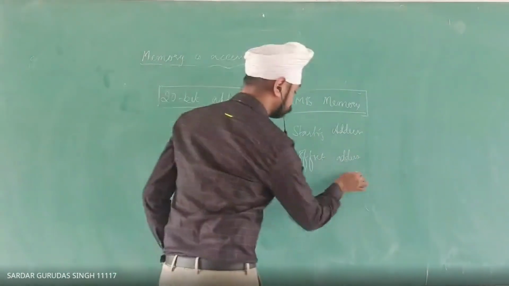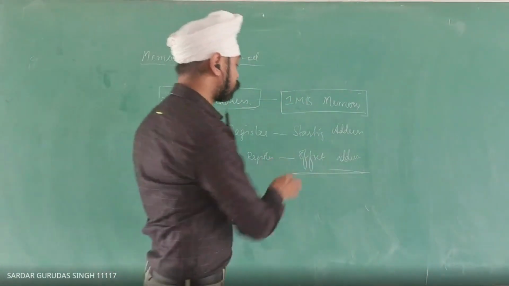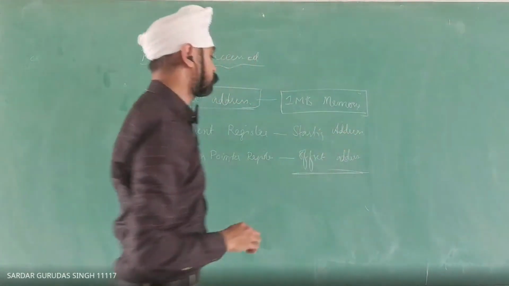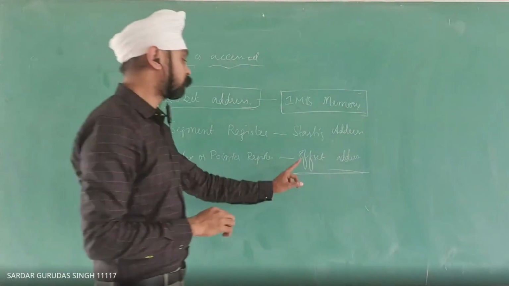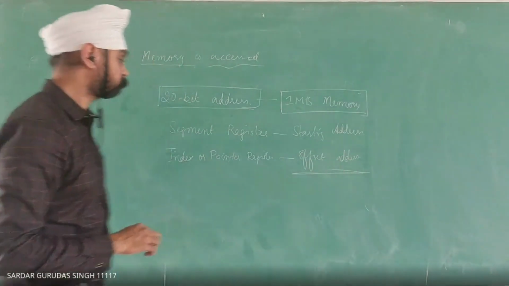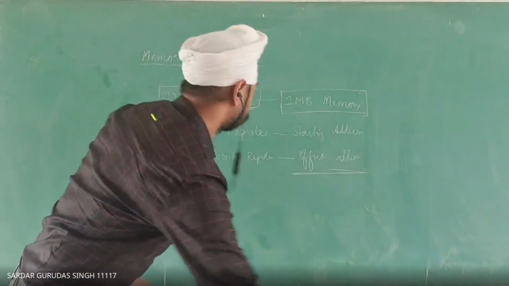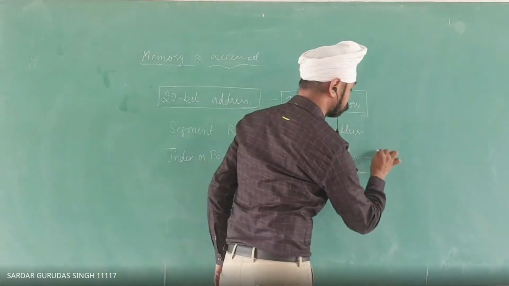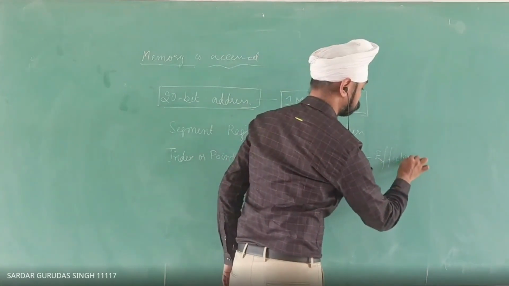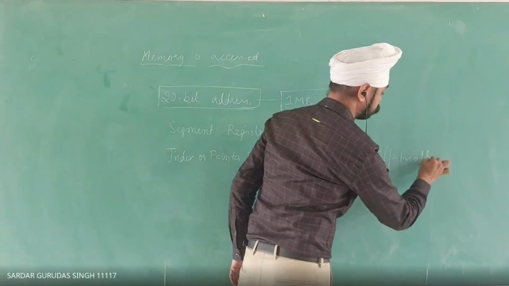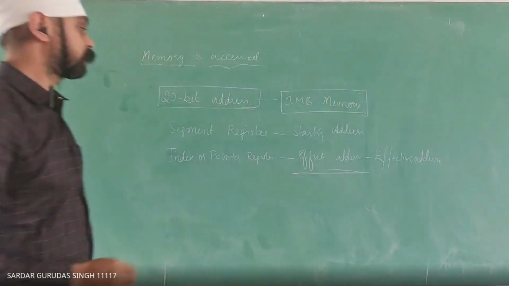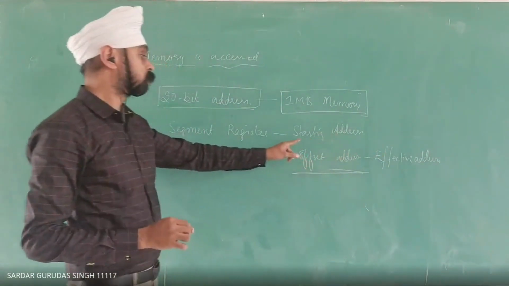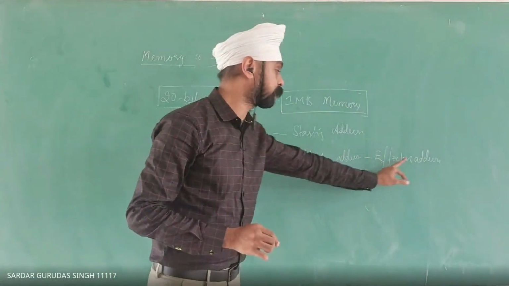The offset address is the address that needs to be added to the starting address. We call this offset address the effective address, EA. The offset address of the operand is known as the effective address.